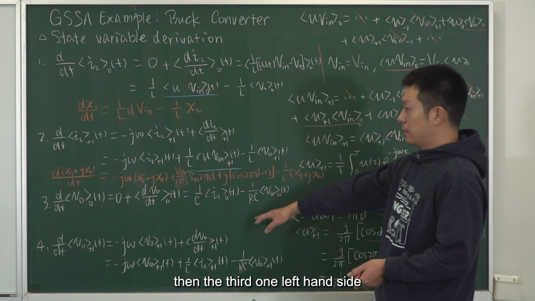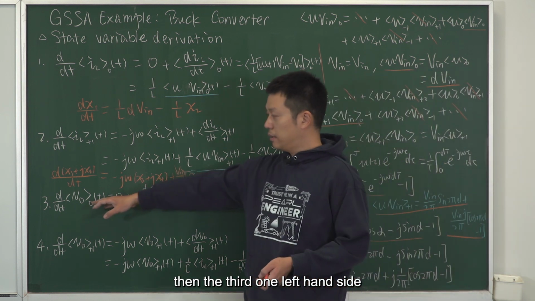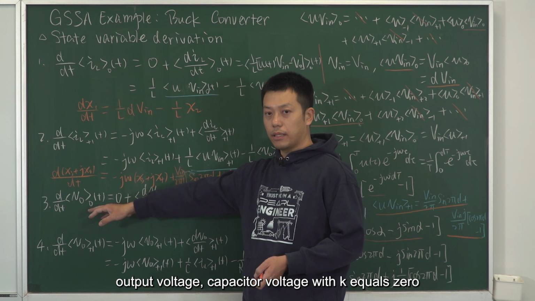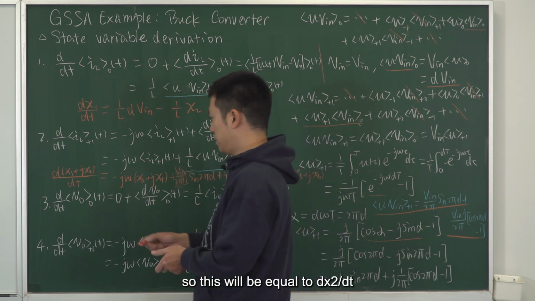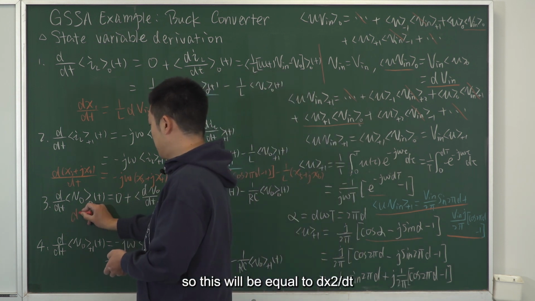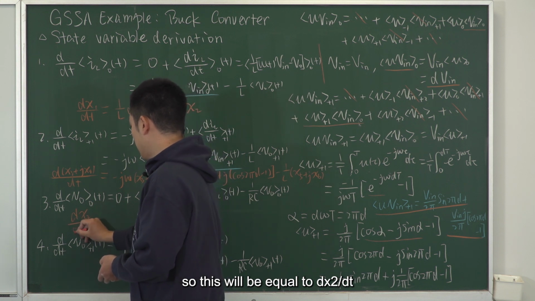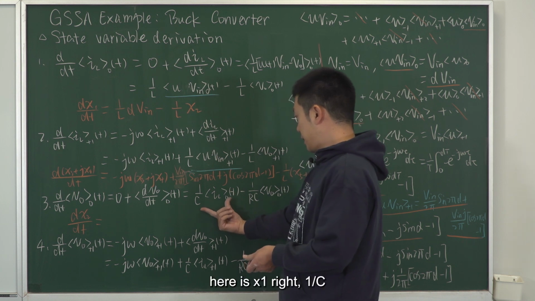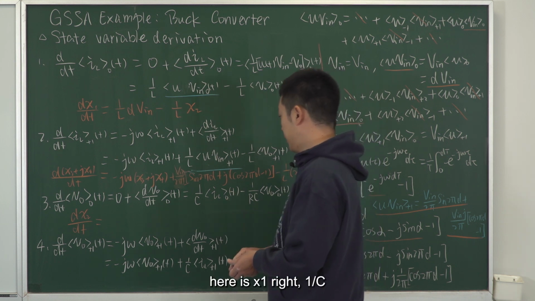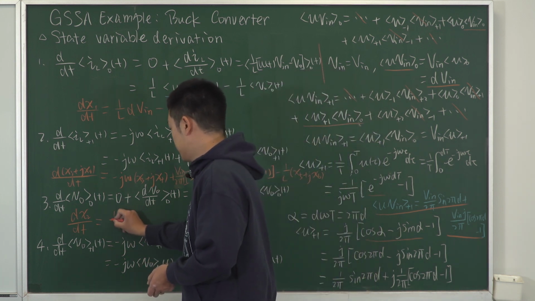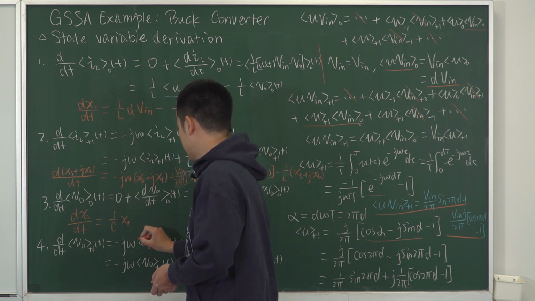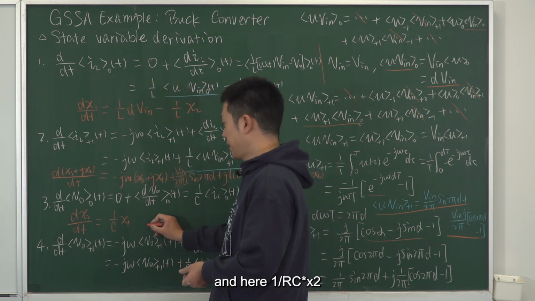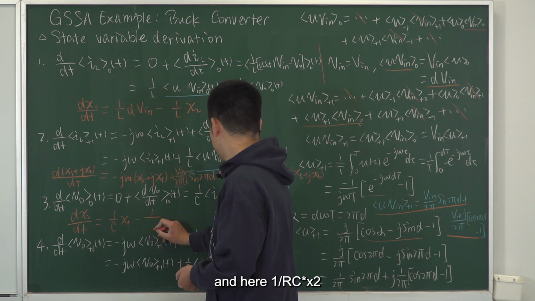Then the third one, left-hand side, output voltage, capacitor voltage with k equals 0. So this will equal dx2 over dt. And the right-hand side here is x1 over c, and here minus 1 over rc times x2.